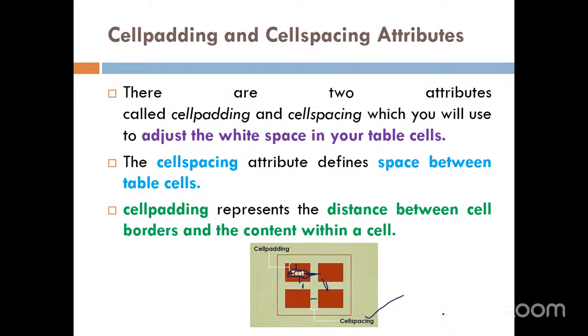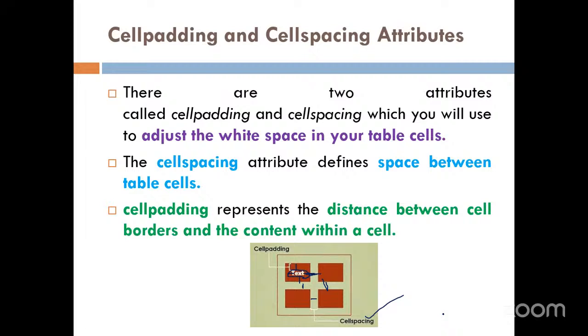Cell padding is the distance between the content of a cell to the borders of the cell. Cell spacing is the distance between the cells within the table.